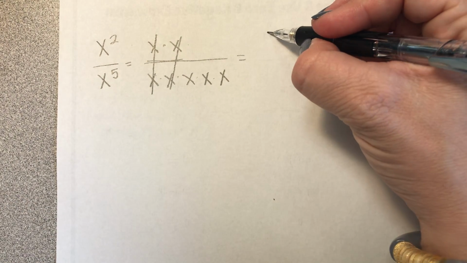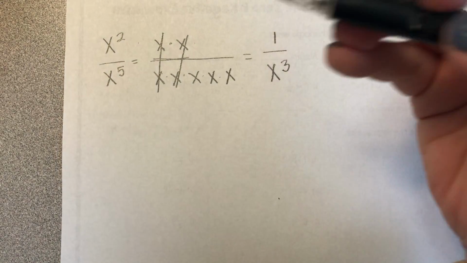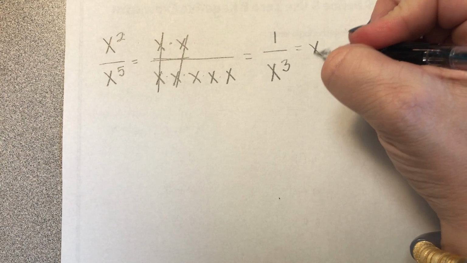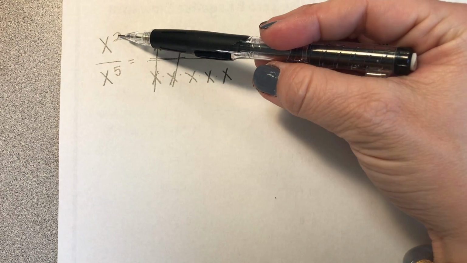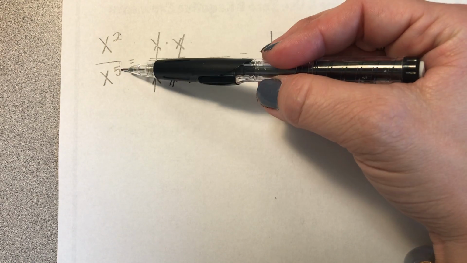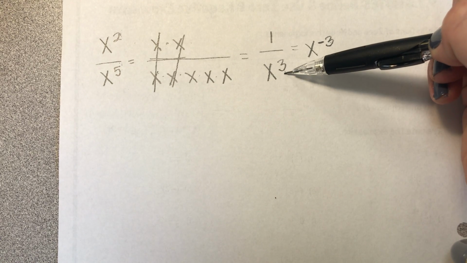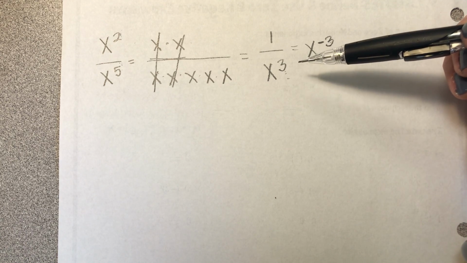So if I were to write this, I would get 1 over x to the 3rd. If I subtract these exponents, 2 minus 5 is x to the negative 3. All it means is that when I subtracted these numbers, I got a negative because the bottom number was bigger. And we always want to write our numbers with a positive exponent.